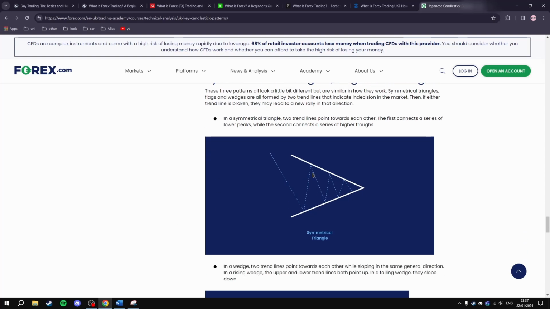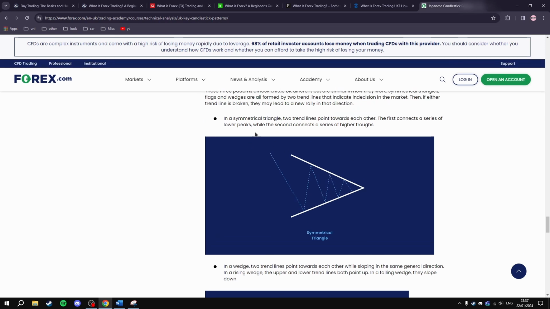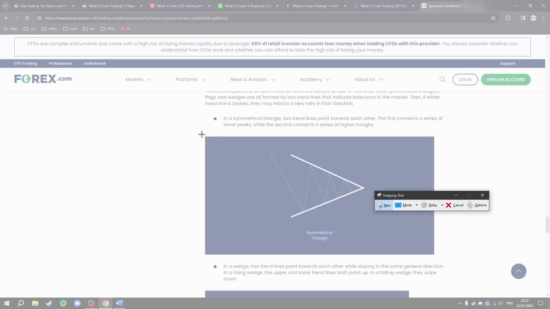In a symmetrical triangle, two trend lines point towards each other. The first connects a series of lower peaks, while the second connects a series of higher troughs. Should they call it lower troughs and higher peaks? But okay, I guess it's just me then.